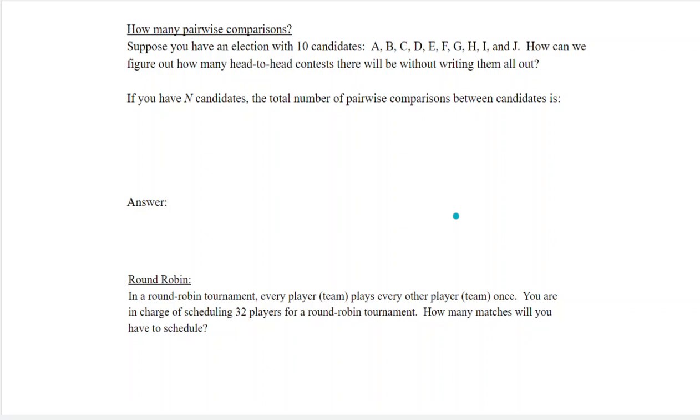So, in general, the rule is if you have n candidates, you do n choose 2, and that will tell you how many head-to-head matchups you have. So, if you have 10 candidates, 10 choose 2 is 45.